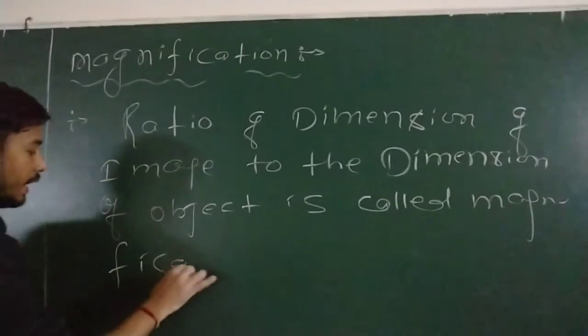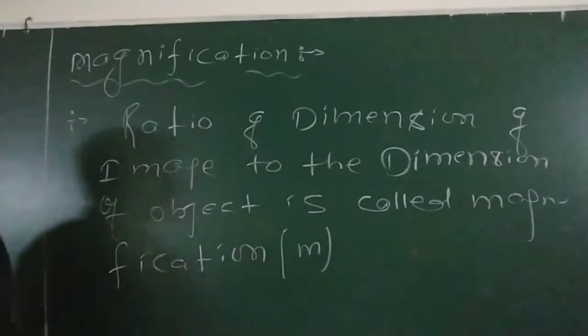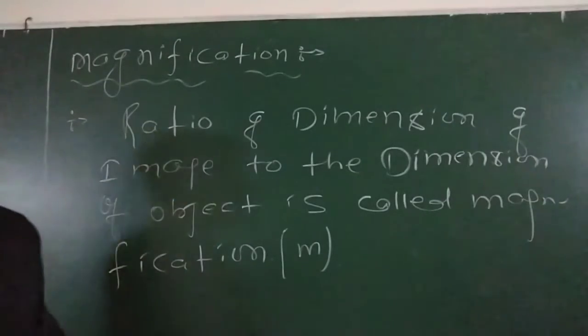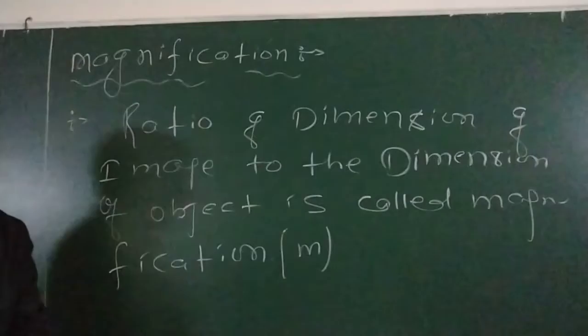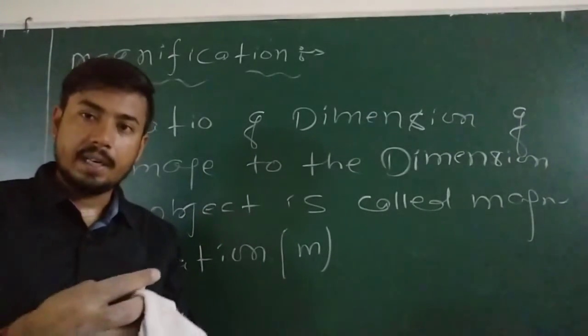Dimension of image to the dimension of object is called magnification, and it is represented by a small m letter, right?